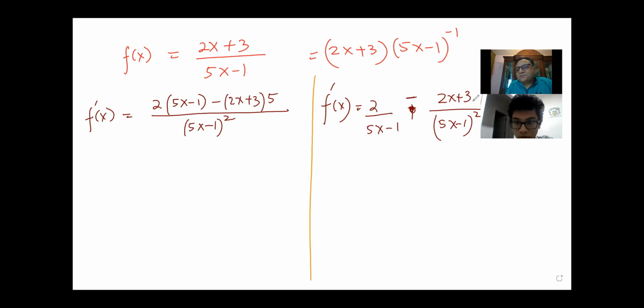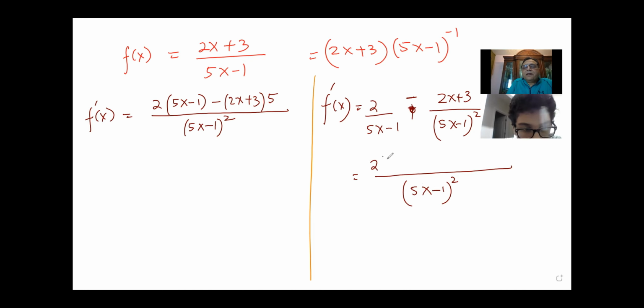Do you see that? You could take a common denominator, 5x minus 1 whole square, and here the 2 gets multiplied by 5x minus 1, and here we have minus of 2x plus 3.